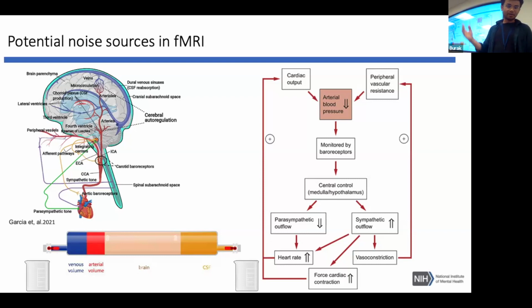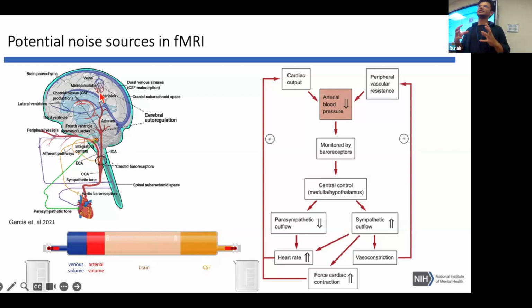But there are other components inside. For example, vasculature. Some vascular areas are not equal in the brain. Some areas are more vascular, some are not. And the total volume of the brain, as the Monro-Kellie hypothesis says, shouldn't change.